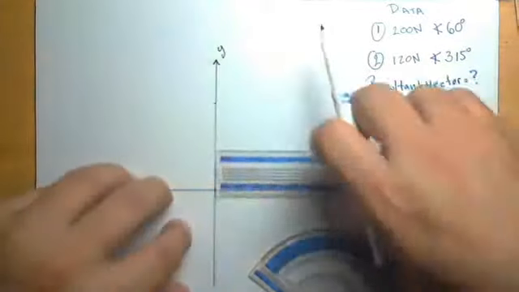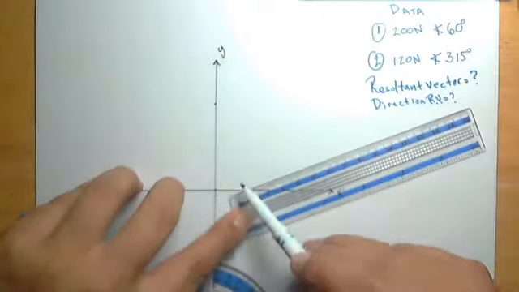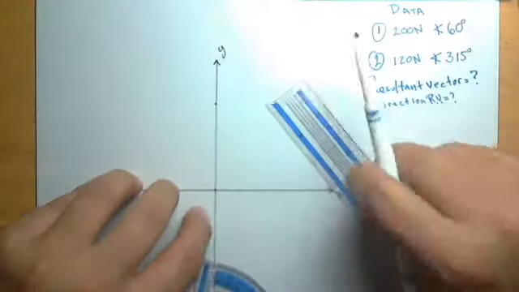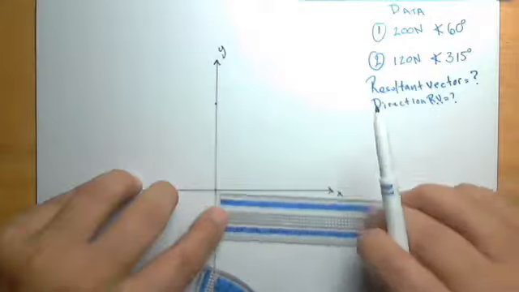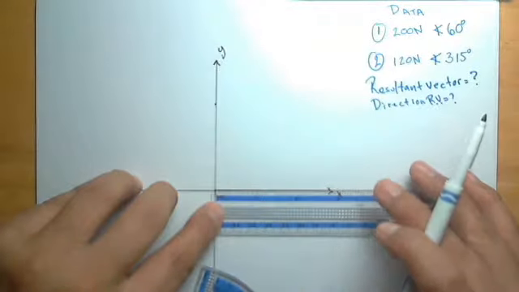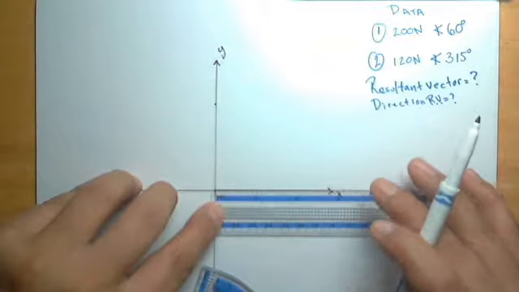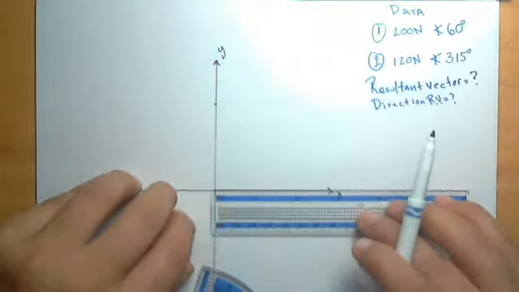If I would have used centimeters, it will be too small and the error will be more. Now, I want to mention that this method is less accurate than the analytical one.